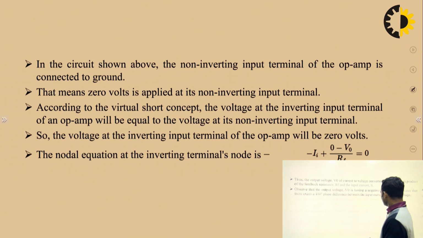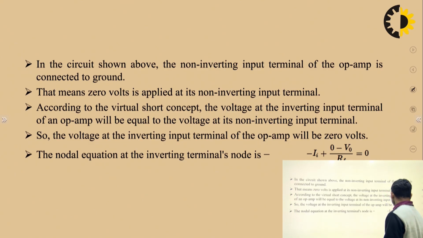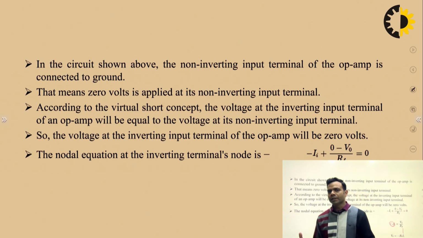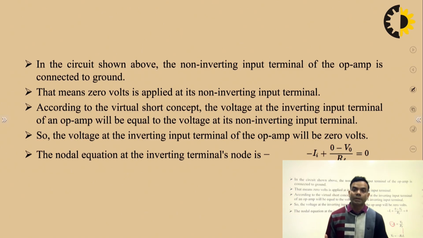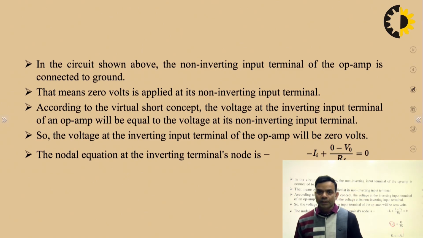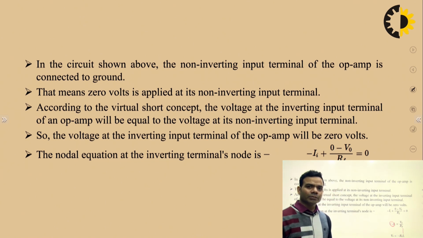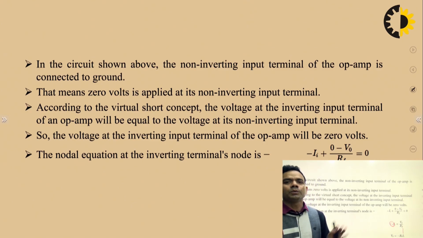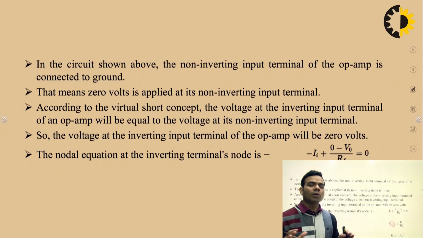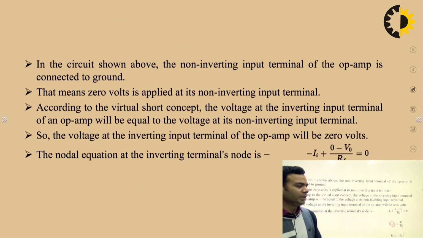And you can see this negative sign. Yes, this negative sign indicates that there will be a phase shift of 180 degrees between input and output. Whenever we get this negative sign in an operational amplifier, we can simply conclude that input and output will be out of phase, or we can say there will be a phase shift of 180 degrees between input and output.